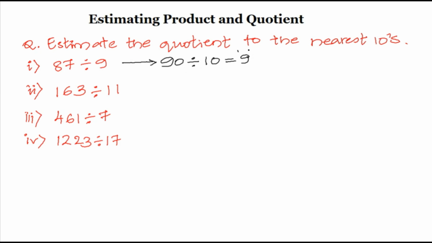This result obtained, if you want to round off again to the nearest 10, it becomes 10. 163 upon rounding off becomes 160 divided by 11. When you round off, it becomes 10. The number obtained is 16. Once again, when you round off the result, you'll be getting the quotient as 20.